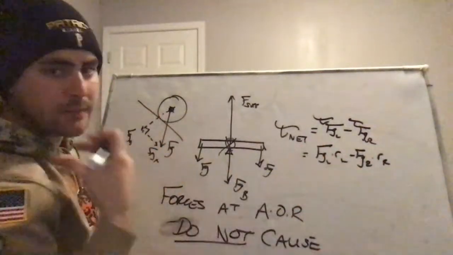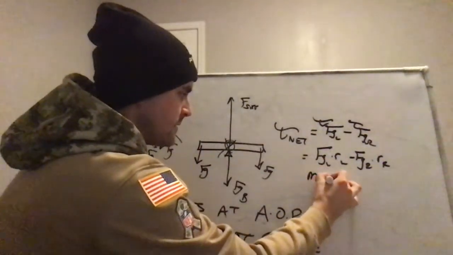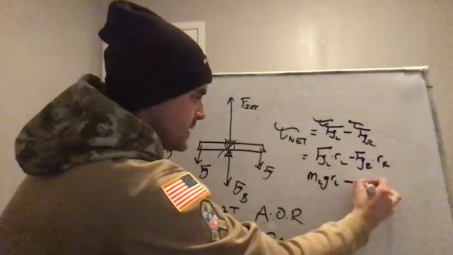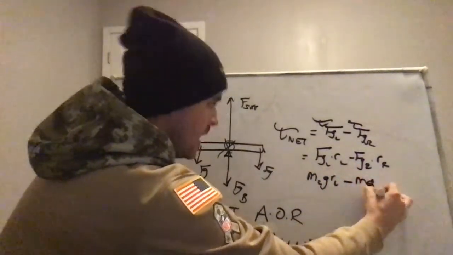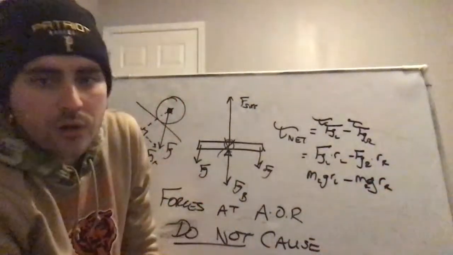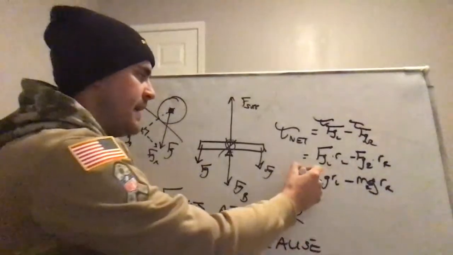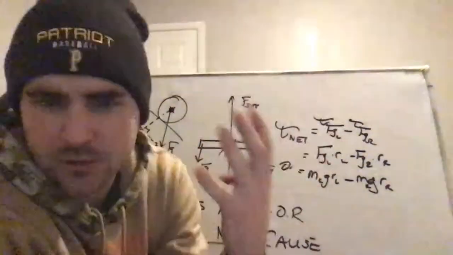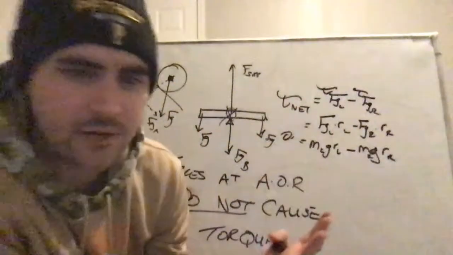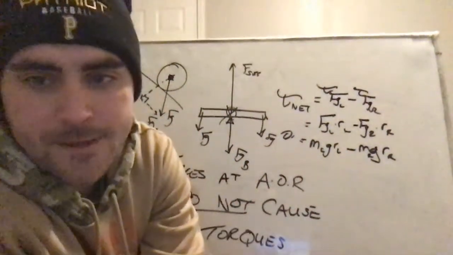And even FG, I tell my students, FG is useless. Go straight for mass of the left side times G times R of the left side minus mgR on the right. Boil your equation down to base units, simple units like mass, and that's going to be 0. But that's my only advice for derivations. There's not really a whole lot of advice like always do this, but that has helped me.